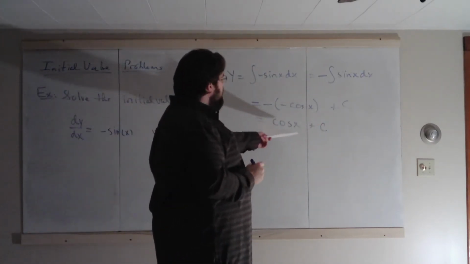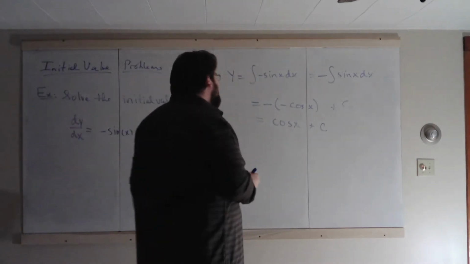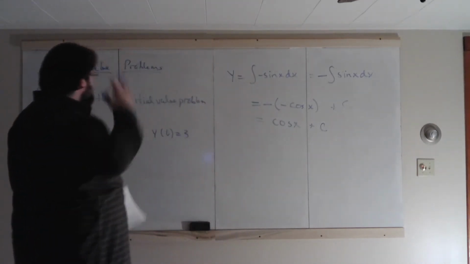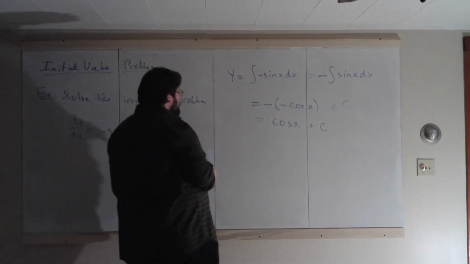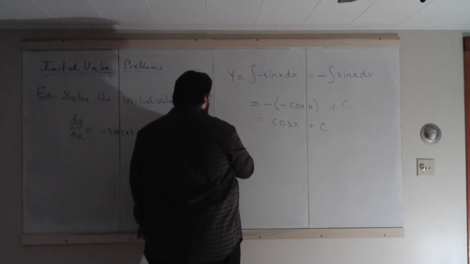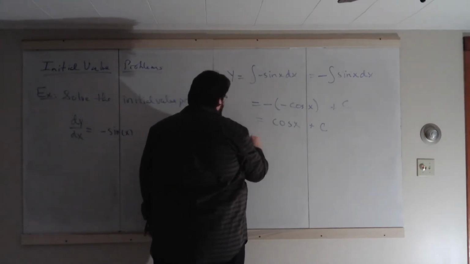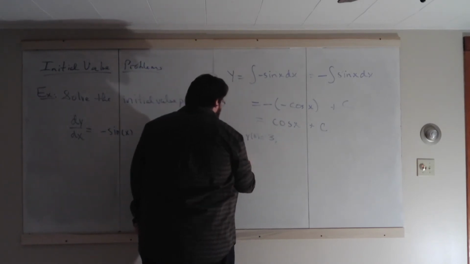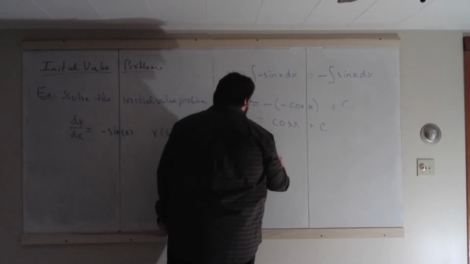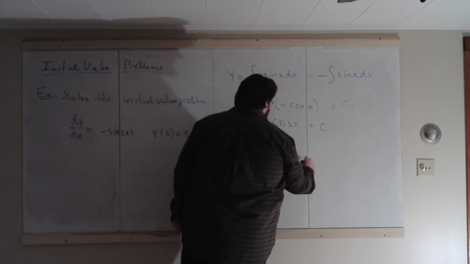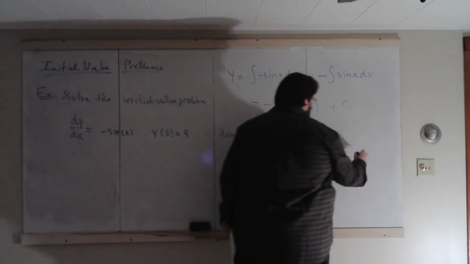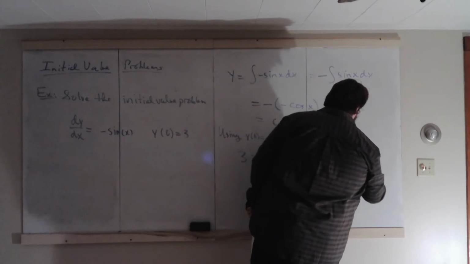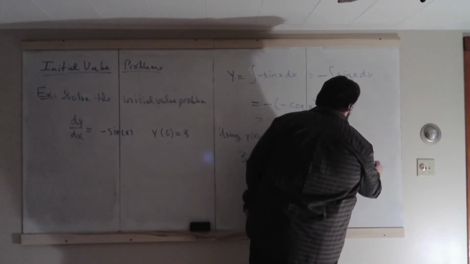Check our work. The derivative of this is negative sine, so that works. So now let's find c. Using y of 0 equals 3, we find 3 equals cosine of 0 plus c. What's cosine of 0? Well, 0 is over here.